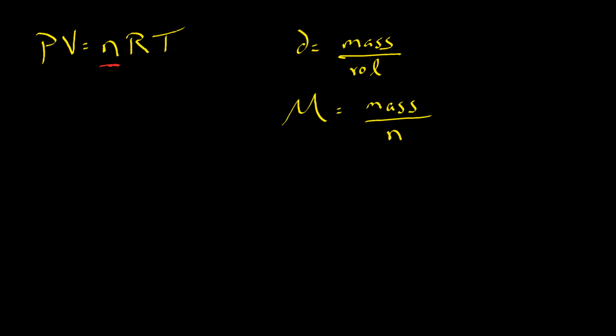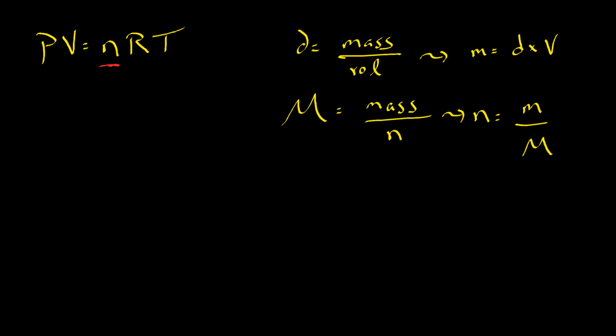I'm going somewhere with this. All right, so let's go ahead and rearrange that one so that moles is equal to mass divided by molar mass. And then let's rearrange density so that mass is equal to density times volume.